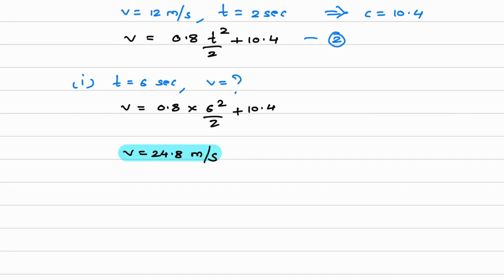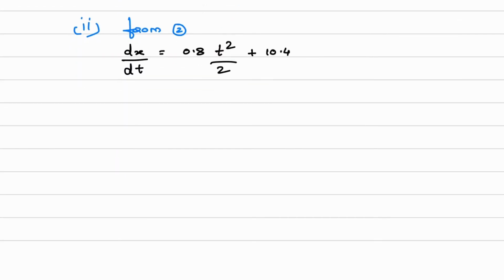So we'll write this equation, take equation 2, and instead of v we will write, for second part from 2, what we can write is v we can replace by dx by dt. So dx by dt is equal to 0.8 t square by 2 plus 10.4.